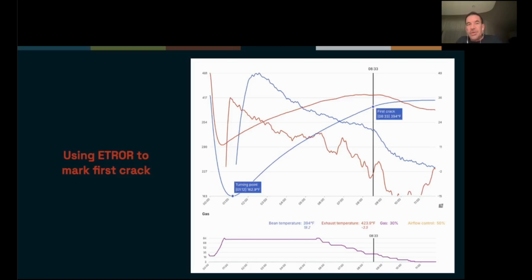Even though it's not going to be totally accurate, you can learn to manage things based on an assumed first crack point. It'll just take a little bit of practice to manage the timing of everything. But we can talk about specific coffee, specific machines in the discussion group over the next couple weeks if you have some coffees where you're having difficulty detecting first crack.